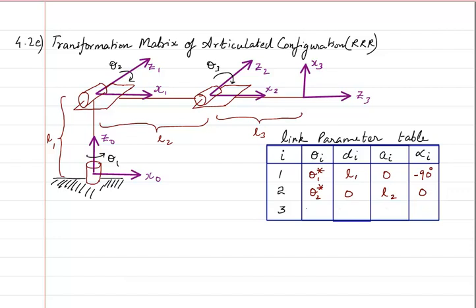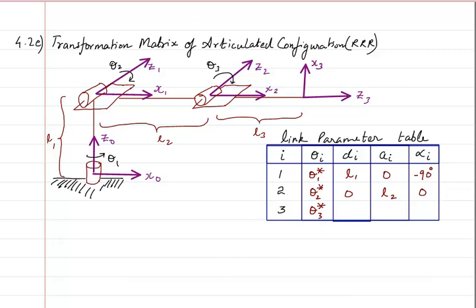The third one, again, to make x2 parallel to x3, I can write a 90 here, but since I already have theta 3, I will just write theta 3, and then imagine that x2 and x3 are in the same direction. Then how much do I have to move so that x2 and x3 are both parallel.